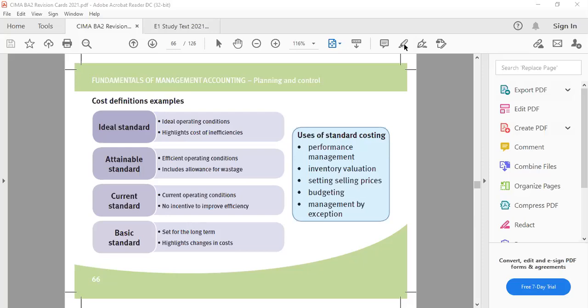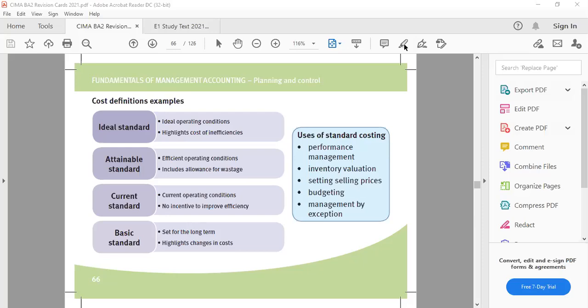Then the basic standard is set for the long term and highlights changes in the cost. So one is the ideal standard, one is attainable, currently possible to achieve, that is the attainable standard. We have current standards, and then the basic standard for the long term.